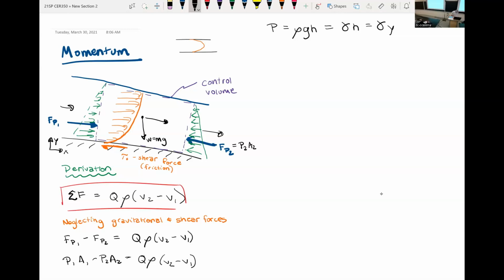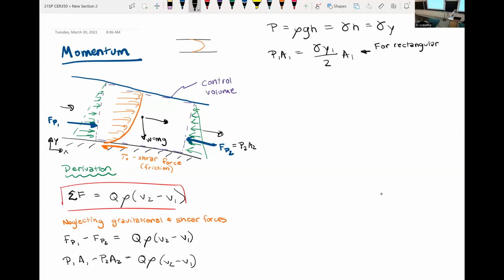So P1A1 is going to be equal to gamma Y1 over 2 A1. And we'll make the same substitution for P2A2. And again, note, this is for a rectangular channel.